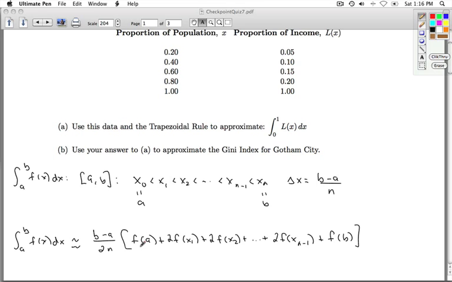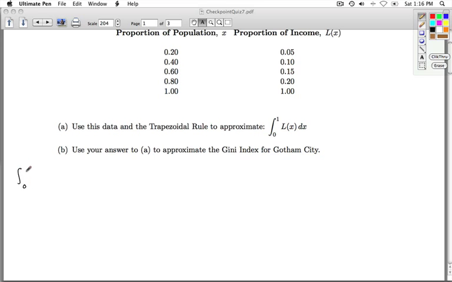So we take the function value at the endpoints, and then we double all the function values on the inside, add all that up and multiply it by (b minus a) over 2n, and that's the area under that curve as approximated by trapezoids.